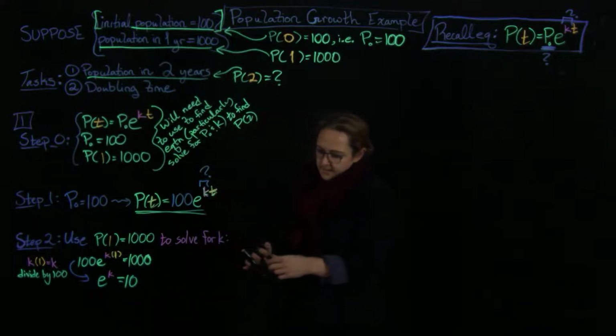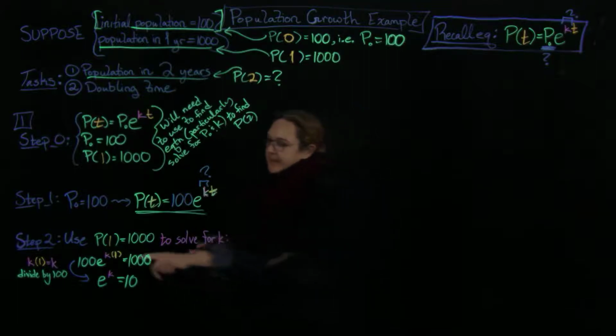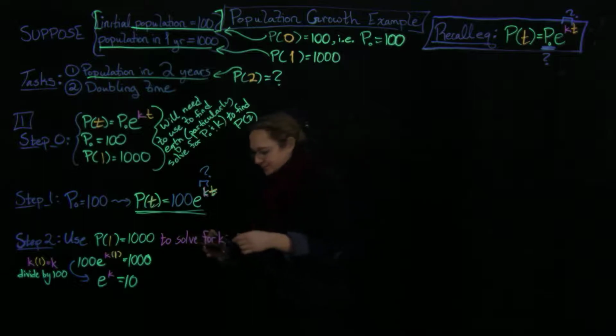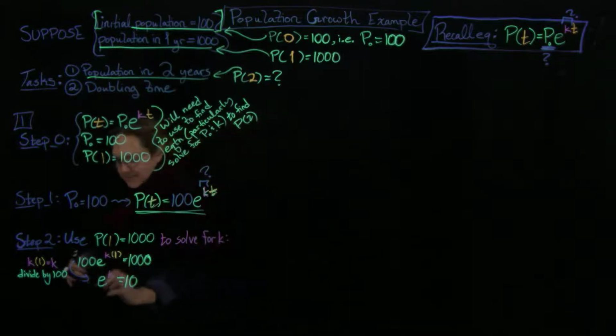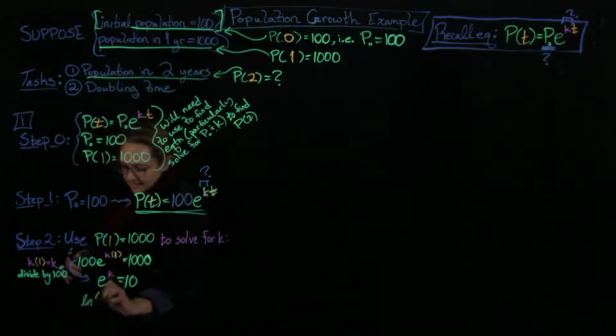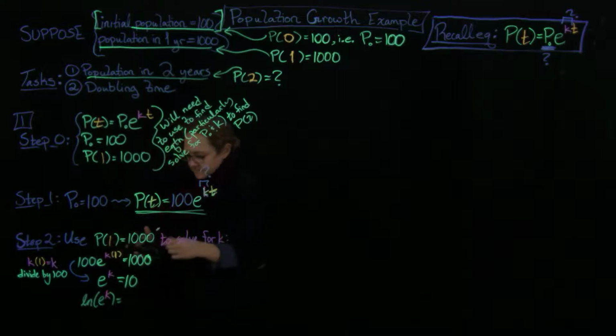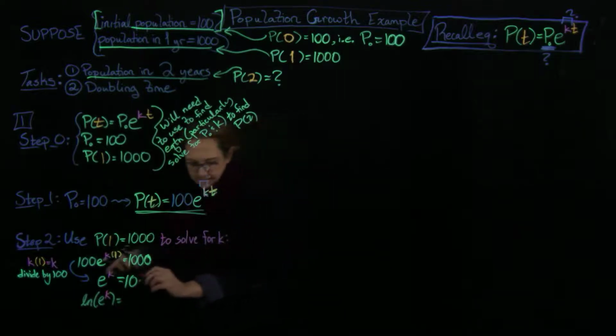Now my k is up inside of the e, and the way to fix that is to take the natural log of both sides. Because that's the inverse function, it undoes what e does. So this is the natural log of 10.